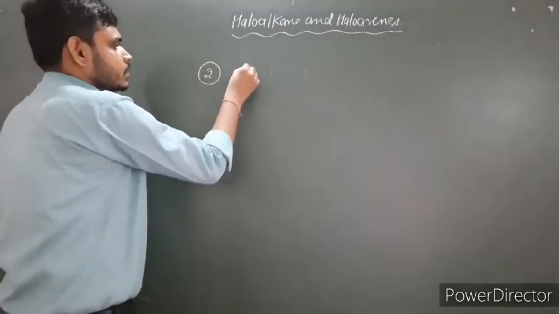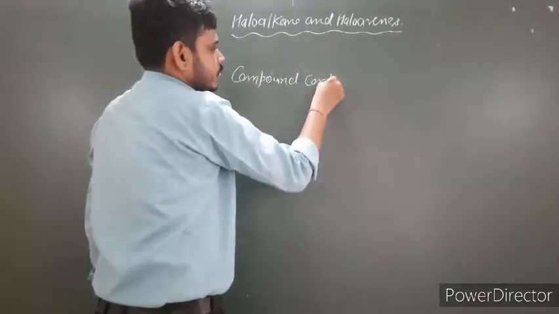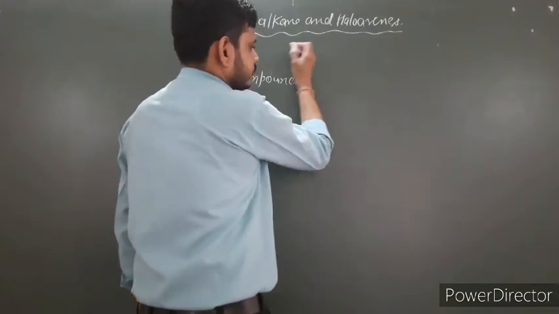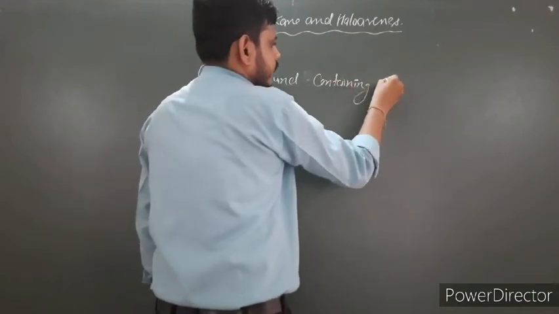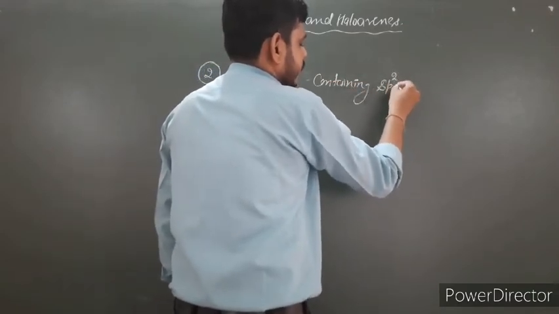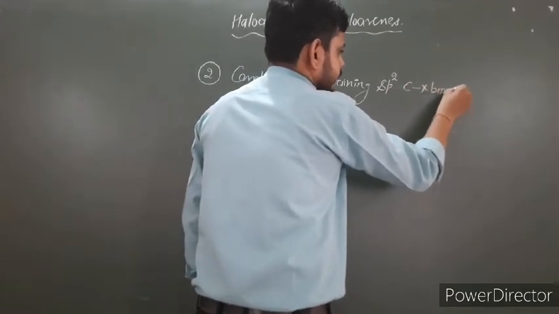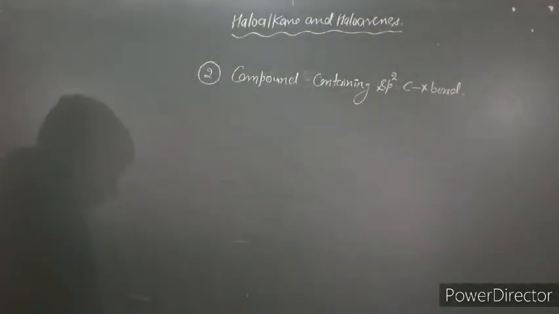The second type is the compound containing sp2 hybridized carbon halogen bond. Clear? They are further classified into two types.